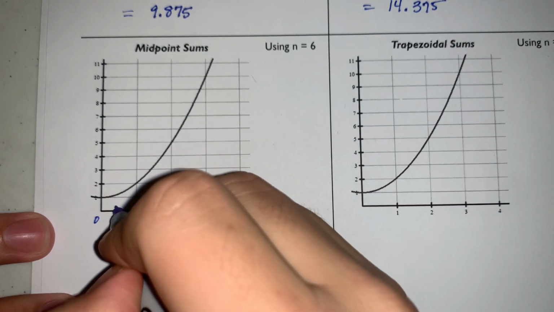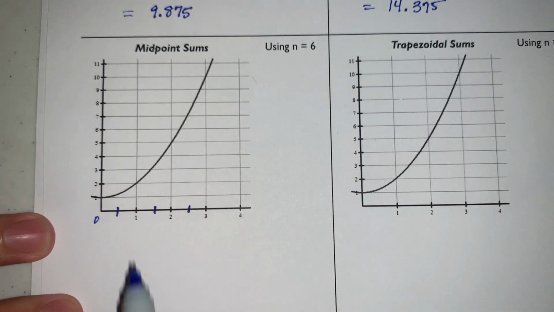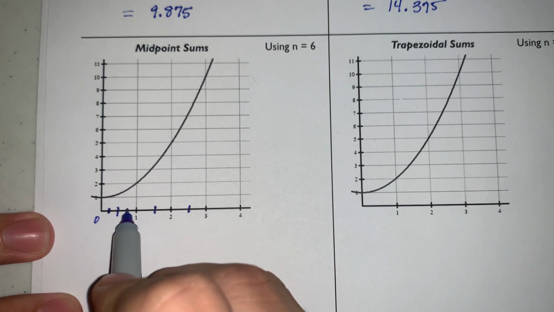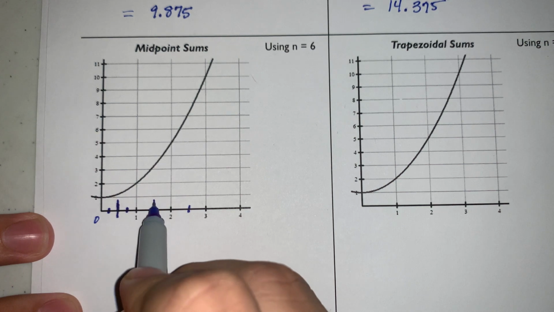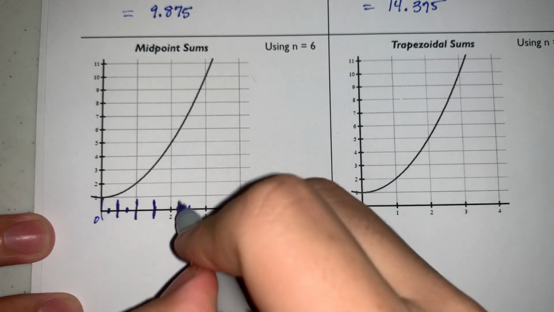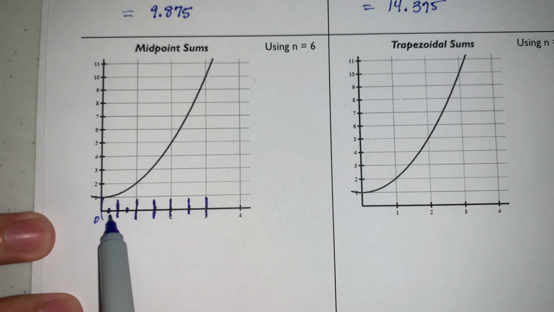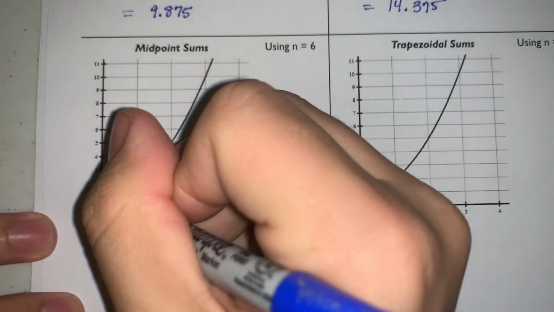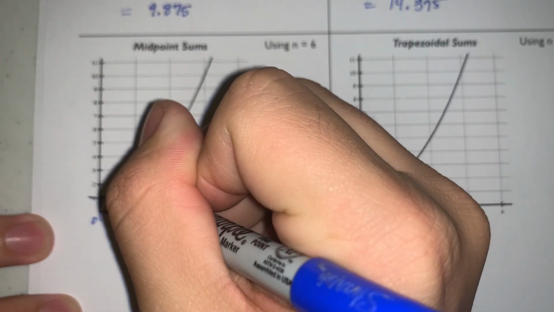If I'm trying to do the midpoint, I'm going to use the midpoints of these rectangles. So let me draw longer lines to represent these individual rectangles. These are the 6 rectangles that we're going to use, but we're going to go halfway in between, and that's going to be the height of our rectangle.